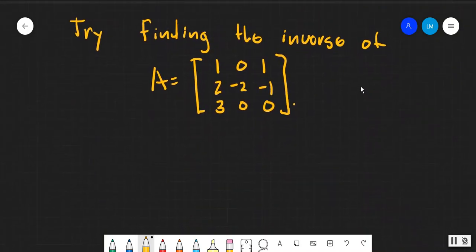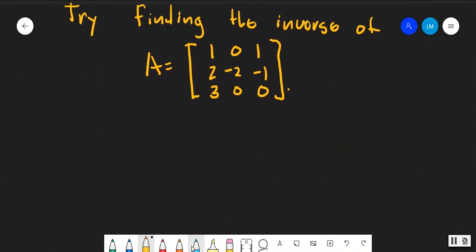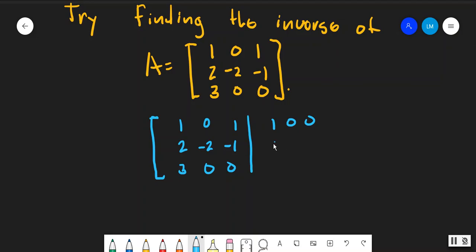To get you started with how you would do this by hand, I would not recommend that you set it up with entries X, Y, Z, and so on, and then try to figure out what each one is, because that's going to take forever. Just follow the process where you have 1, 2, 3, 0, 0, negative 2, negative 1, 0, 1, and then you augment it with 1, 0, 0, 0, 1, 0, 0, 0, 1.